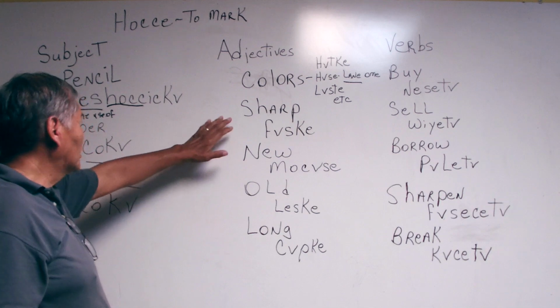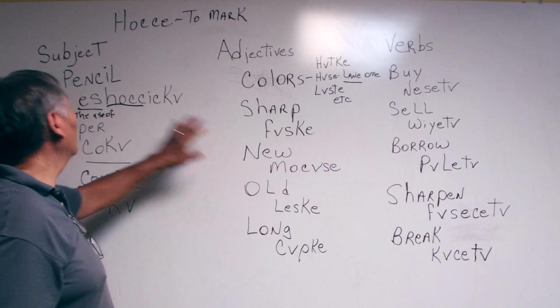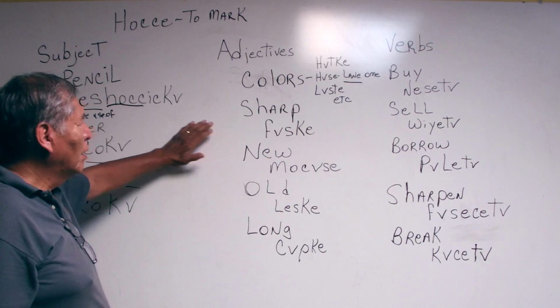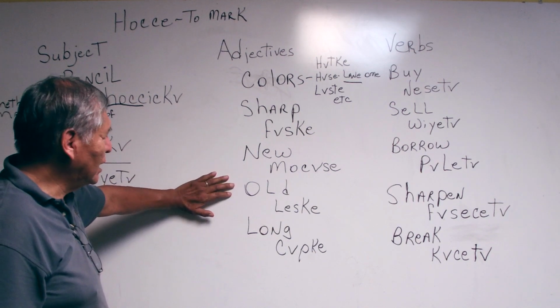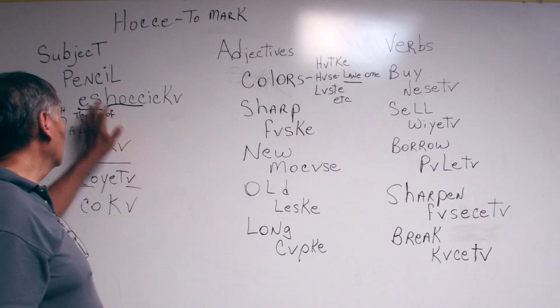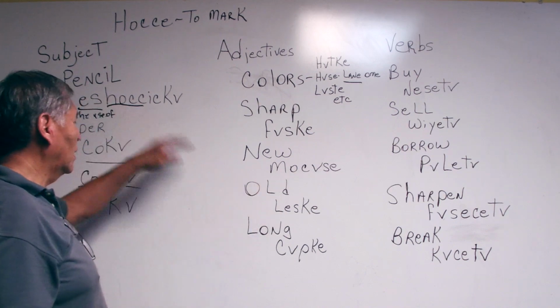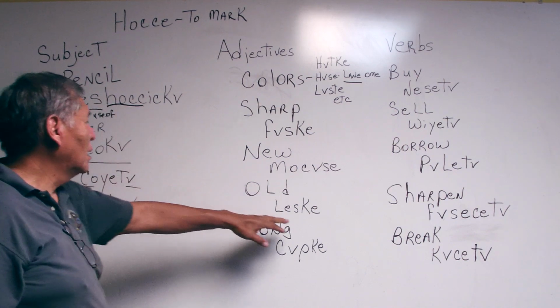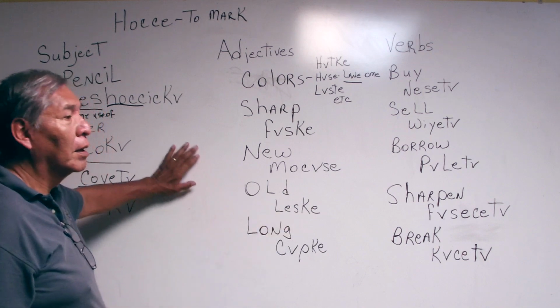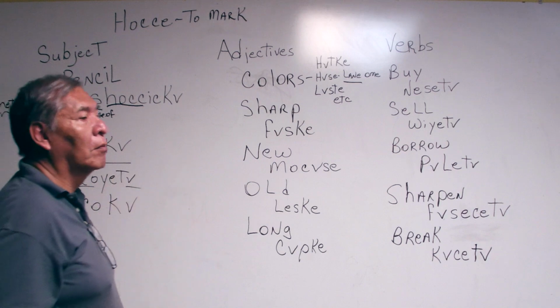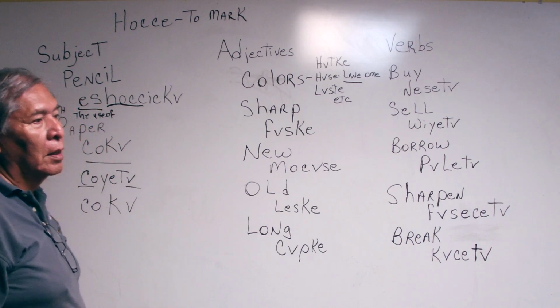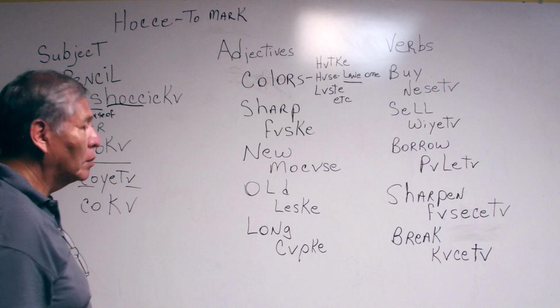And so we could say a sharp pencil or a new pencil, Mojussi, which is a new pencil. Old is Lishki. So if you're going to say old pencil, you say Eshoccickv Lishki. Just to clarify a little bit, when you use the word Lishki, it does mean old, but it means dilapidated, old, and worn out.